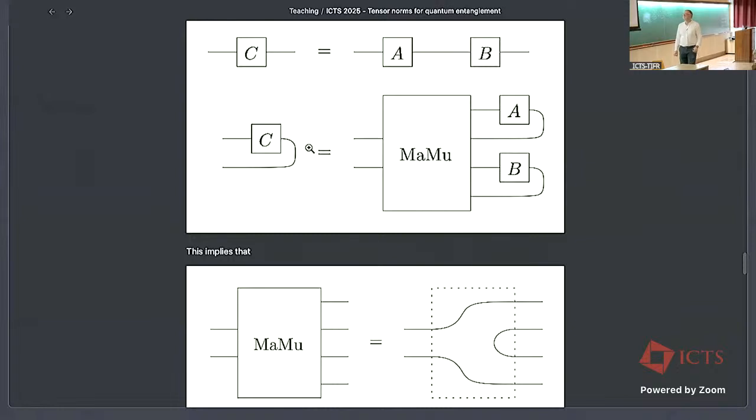Okay. Makes sense? So now you can see graphically, without any coordinates, the matrix multiplication tensor, if you separate it correctly. The way the matrix multiplication tensor is defined, I have one vector space here corresponding to A, one vector space here corresponding to B, and one vector space here corresponding to C. So this is the way I split.